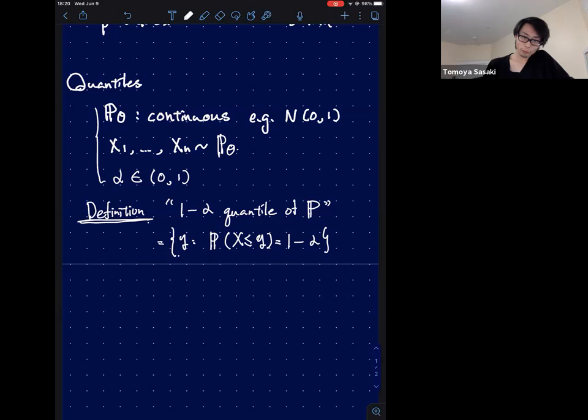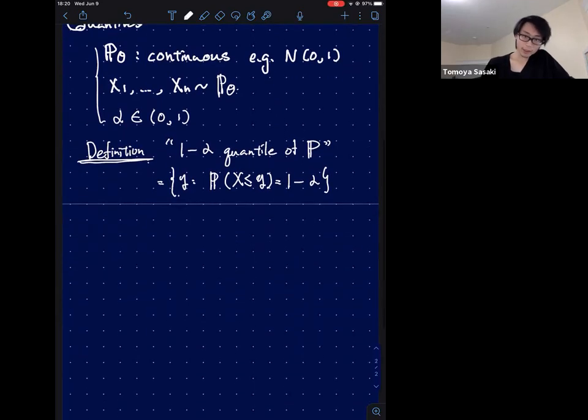This is just a definition. We're not talking about anything fancy. And we define this as small q of alpha. I just write down the definition and no more than that.